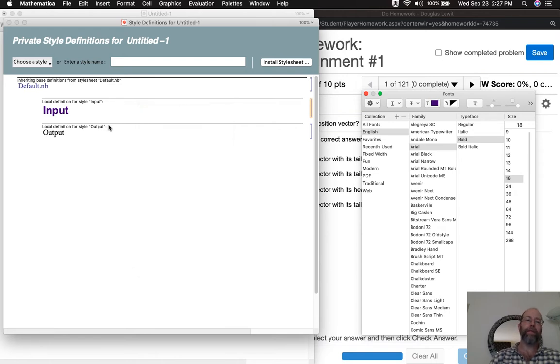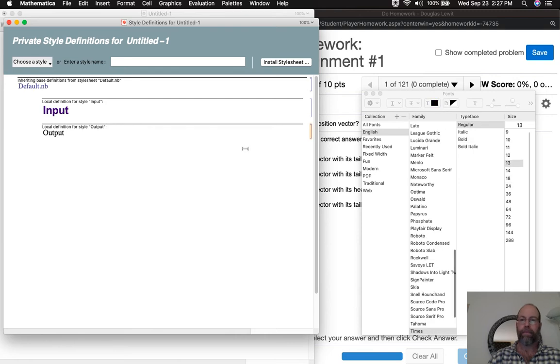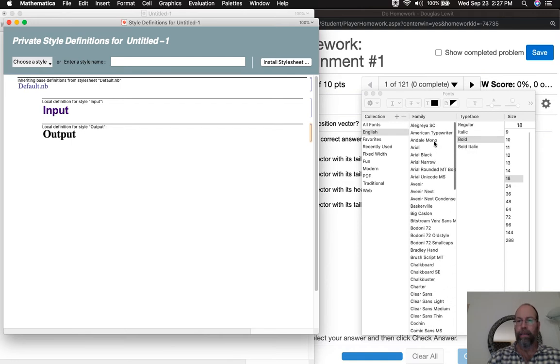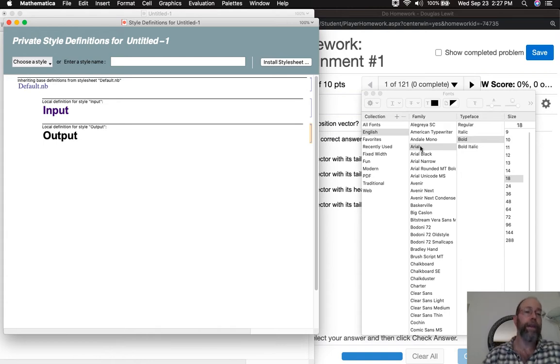Let's do the same thing for the output. We're going to make that bold, 18 pixels tall. I happen to like Arial. That's my favorite font. It doesn't have to be your favorite font. Use whatever font, use whatever color you want. Personalize it. Make the Mathematica notebook attractive to you because you're going to be looking at it and using it.